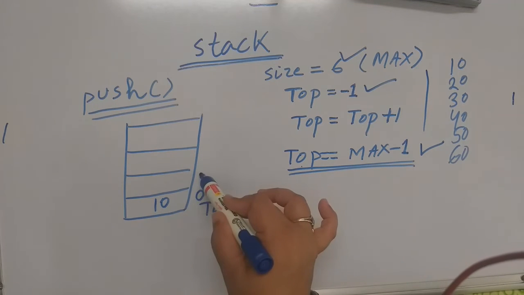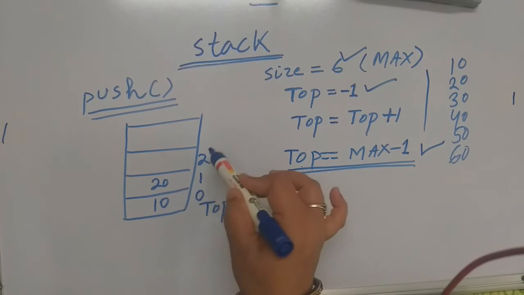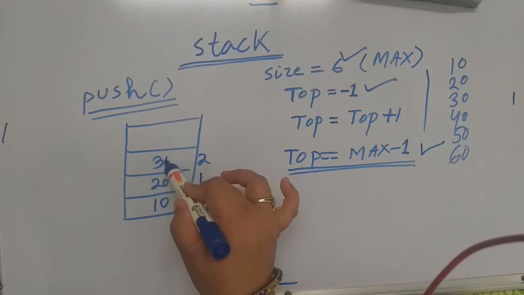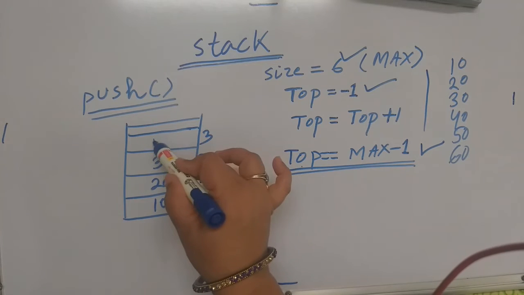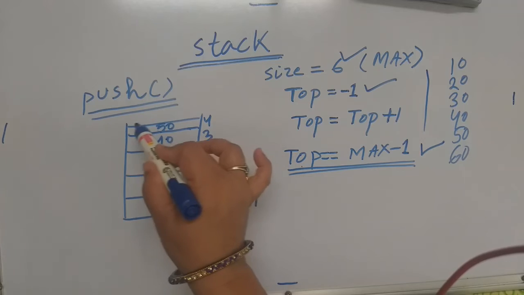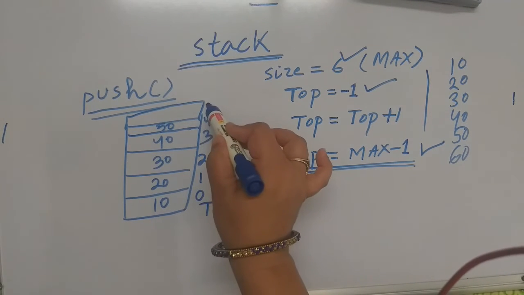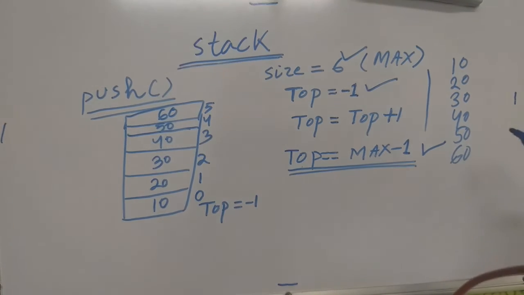Then top is incremented by 1, which is 1. Then insert another value. Then top is incremented to 2. Then we insert another value. Then top is incremented to 3. Then insert another value. Then top is 4. Then insert another value. Then the top is equal to 5. Then we insert another value. Clear?